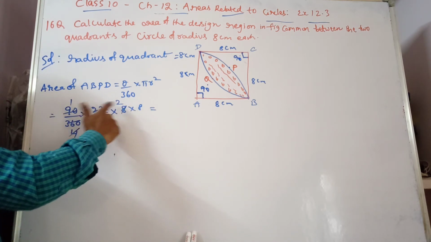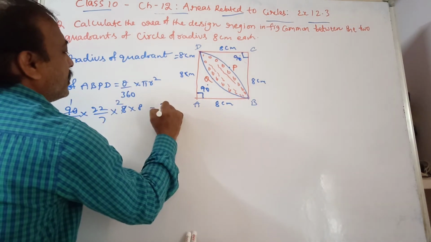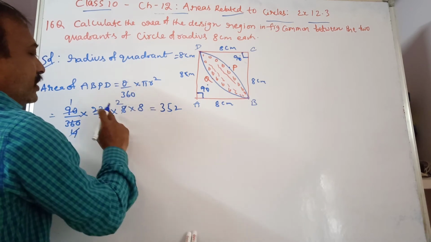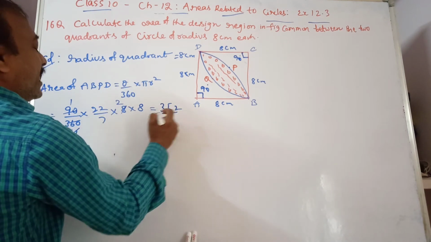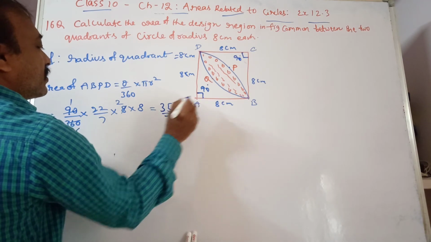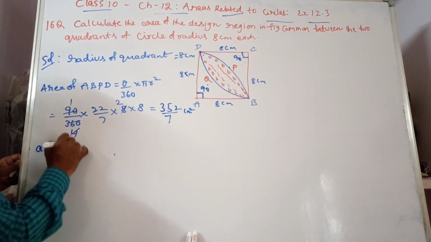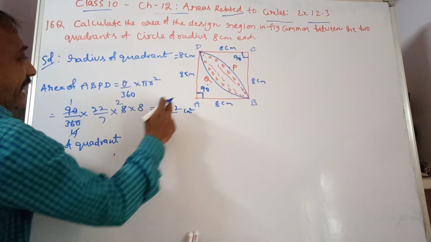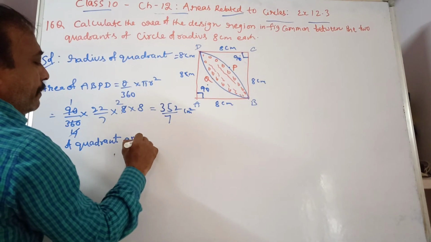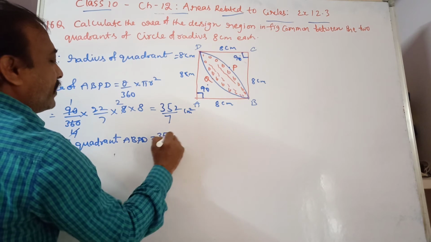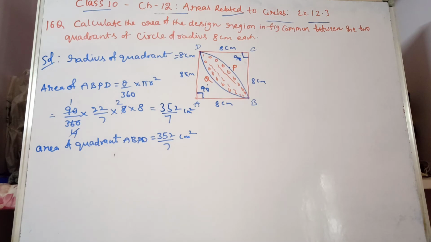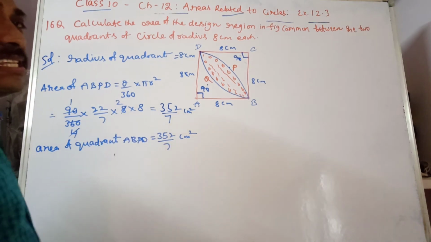So here we have 44 into 8, 352. How? 8 fours are 32, plus 3, 35 by 7 centimeter square. So area of quadrant ABPD is equal to 352 by 7 centimeter square.